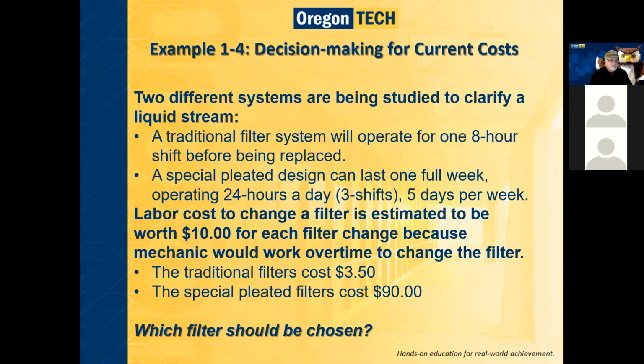You have to change the filter more often in the old method than compared to the new method with the $9 filters. So does the cost of the filter, which you need more of the old ones, plus the cost of the labor that requires you to change more often on the old method at $10 a pop, add up to less or more than the new filters, which should be chosen.